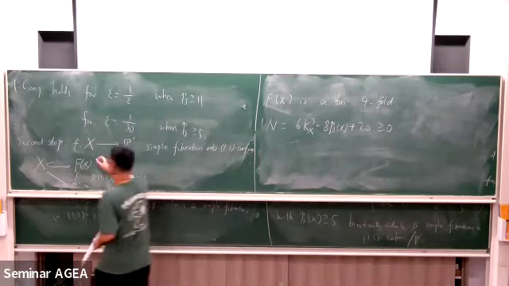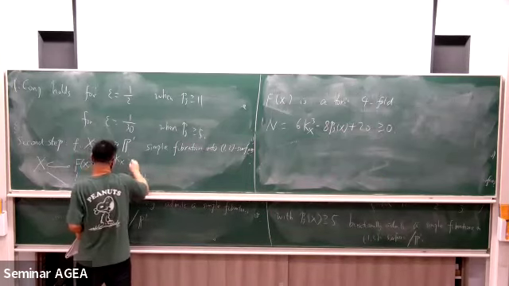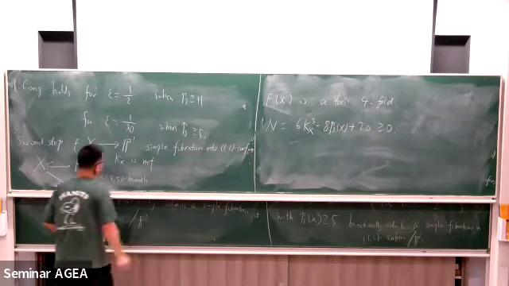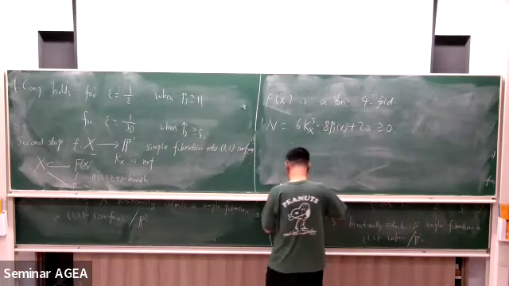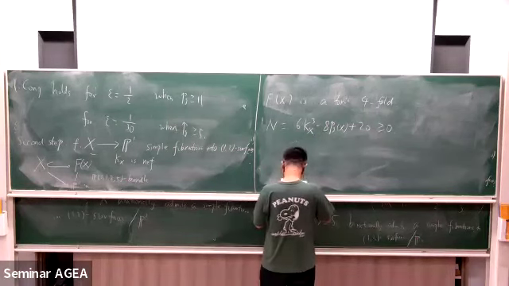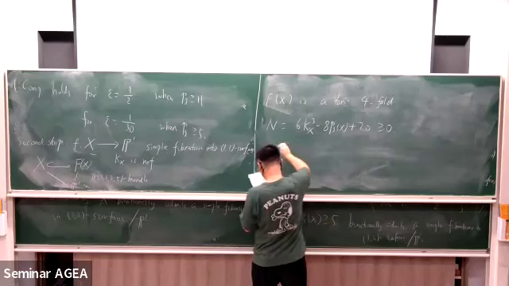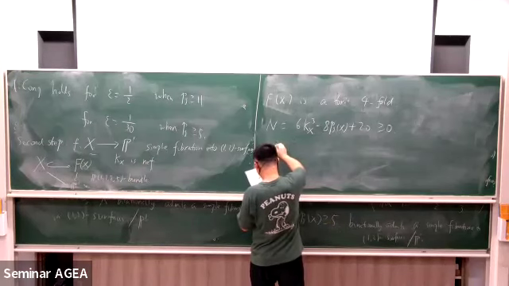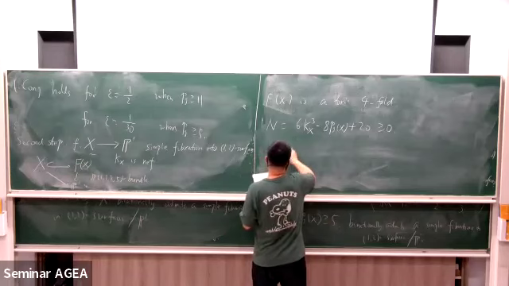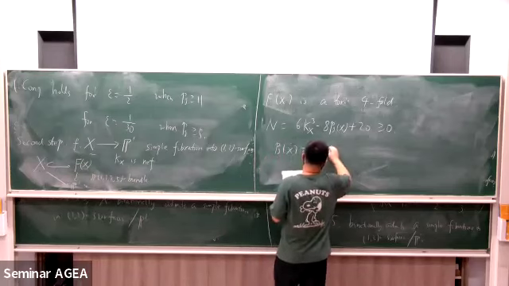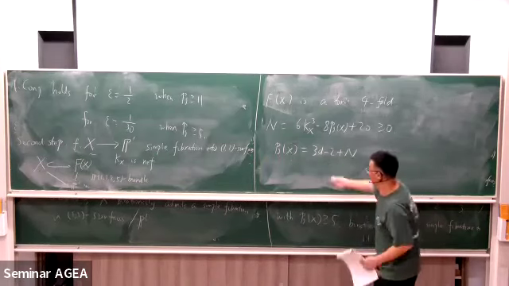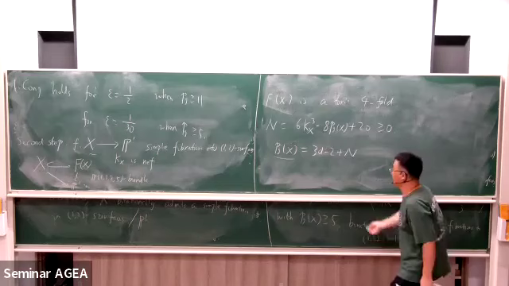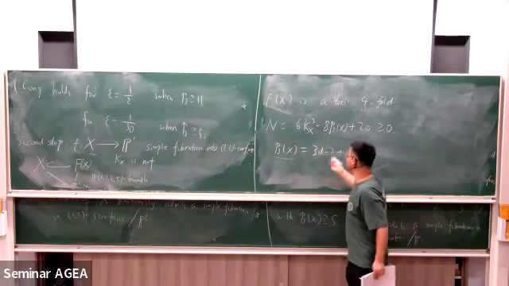This X here, K_X is still nef. And you will find p_g(X) is 3d minus 2 plus n. So you can get d from the geometric genus p_g. This is a number determined by p_g and n.